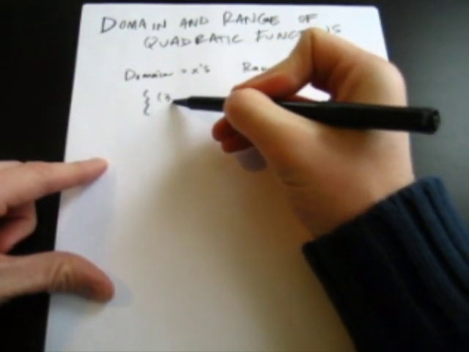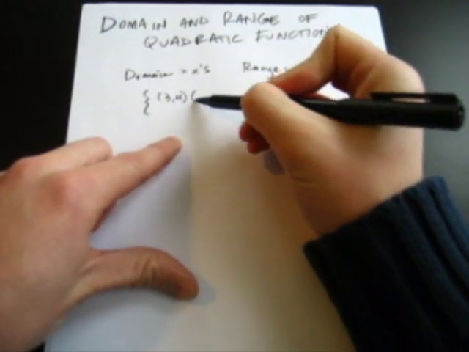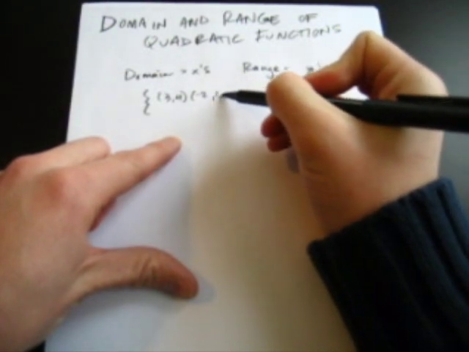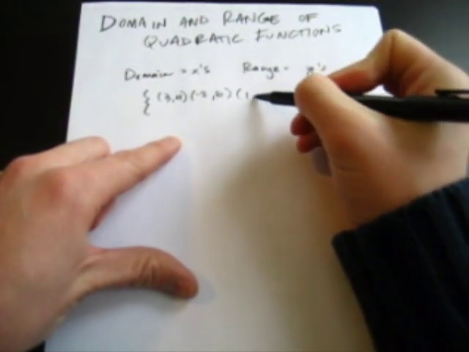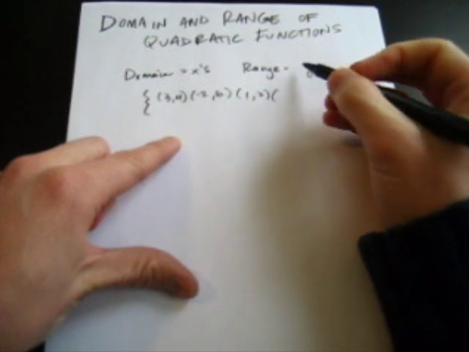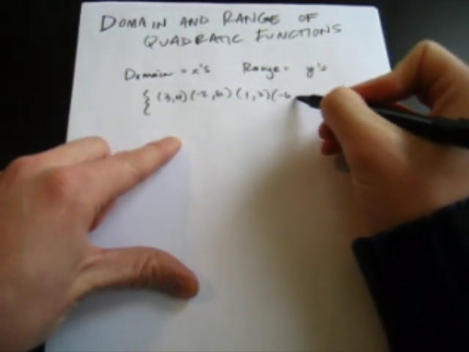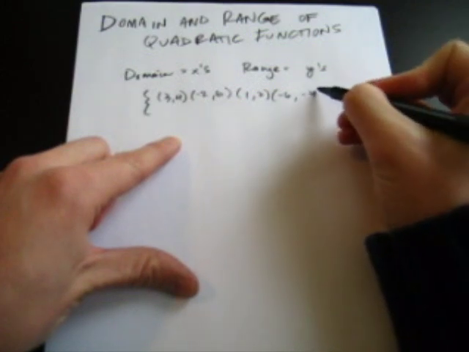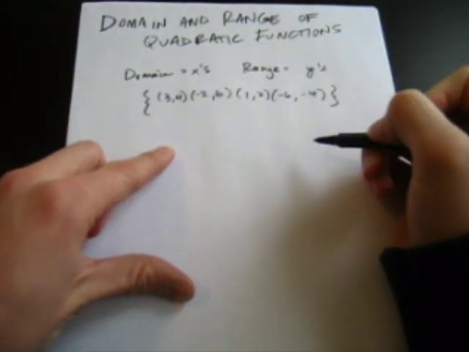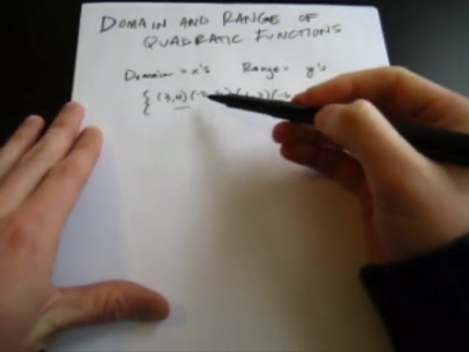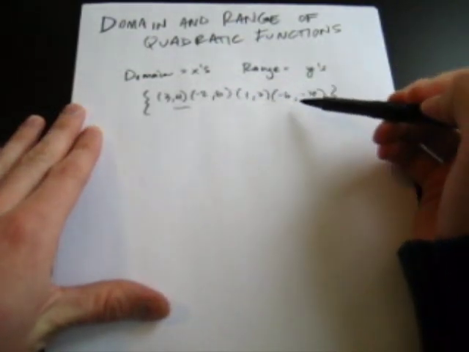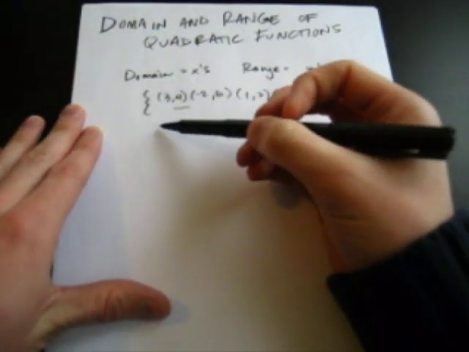first we looked at just a set of points. Here's my set. Three, 4, -2, 6, 1, 2, -6, and -4.